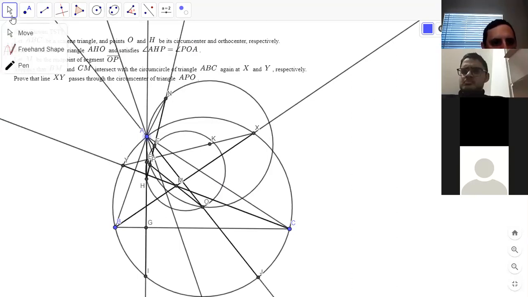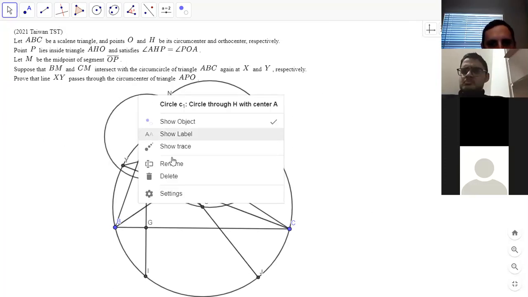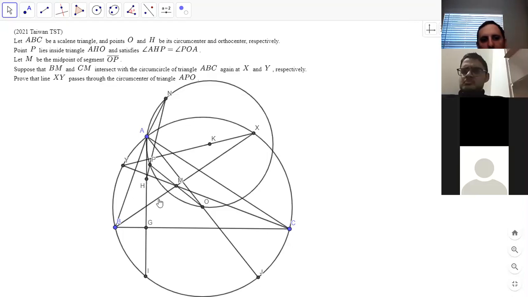I didn't want to do that. I'm going to delete this. AHN is isosceles because angle ANP is equal to angle AOP. And then the question says AOP is equal to AHP.